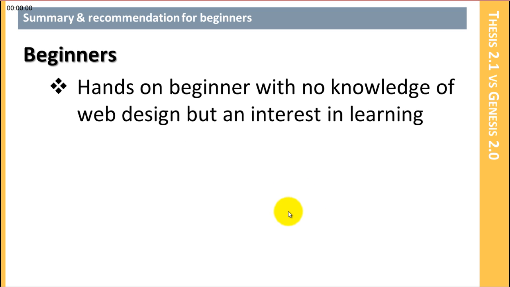Now, if you're a beginner and you're the hands-on kind of beginner with no knowledge of web design but a strong interest in learning how to build, maintain, style, change, create your own website, then that's a different kind of beginner, right? You're prepared to launch into this process of learning.